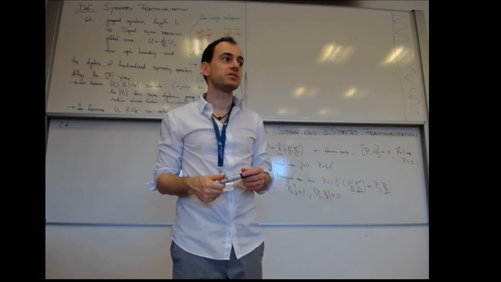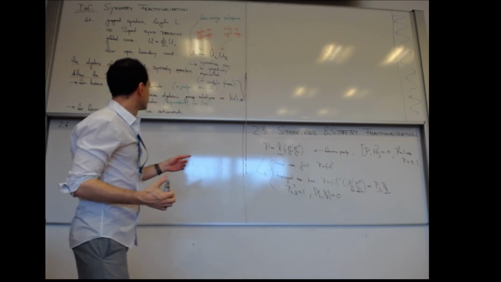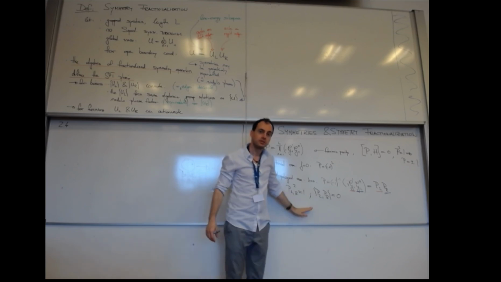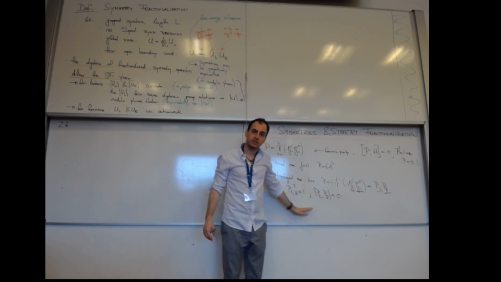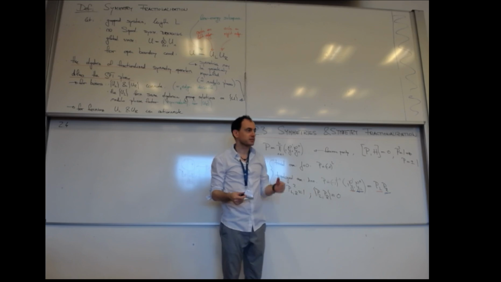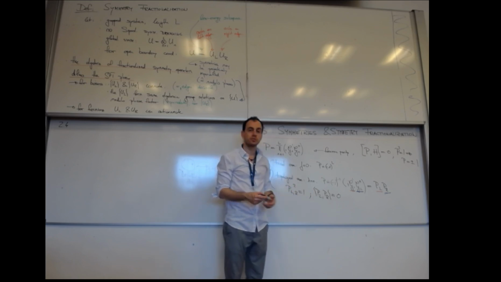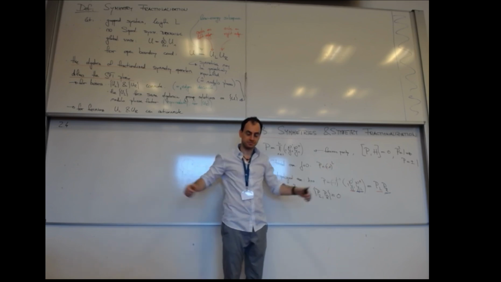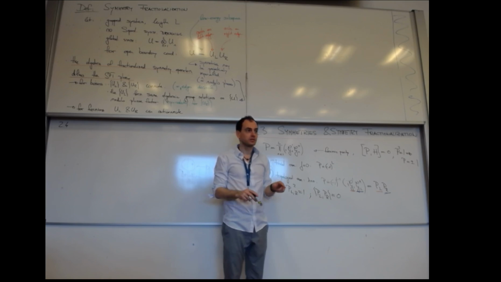The exercise sheet is essentially redoing what we're doing right now, essentially everything that we've reached until here, but instead of the Ising chain, do it for the clock chain. So you have clock variables, and you will find that instead of having Majorana fermions, you will have lattice parafermions at the edges.